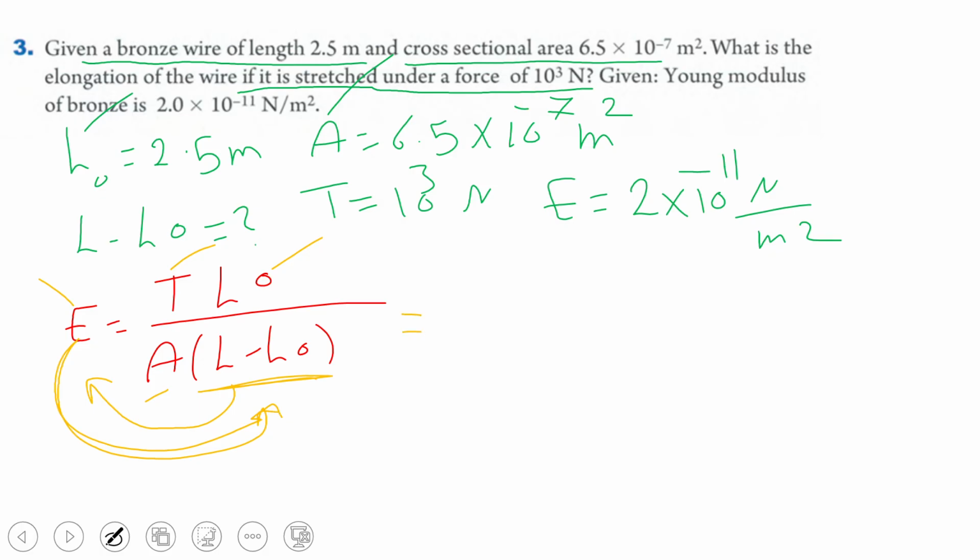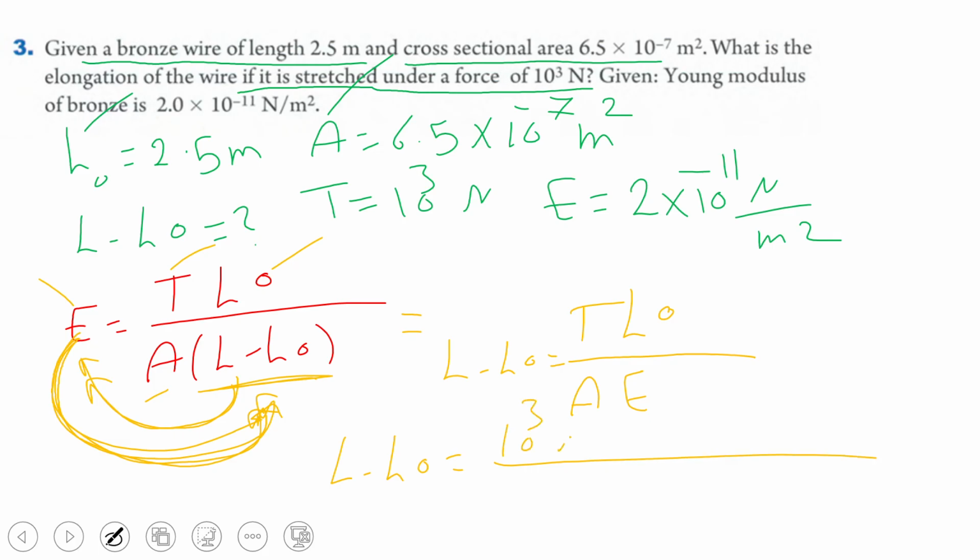So because we need L minus L naught, write L minus L naught equals. The area is left, the Young modulus comes here, and in the up, you still have T, L naught.